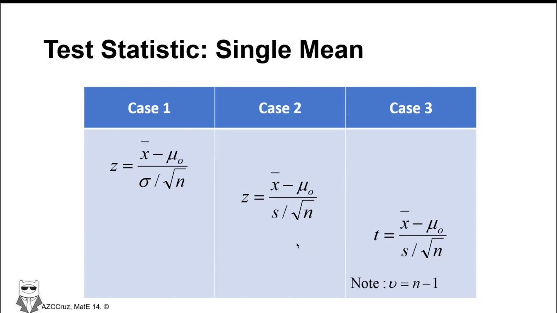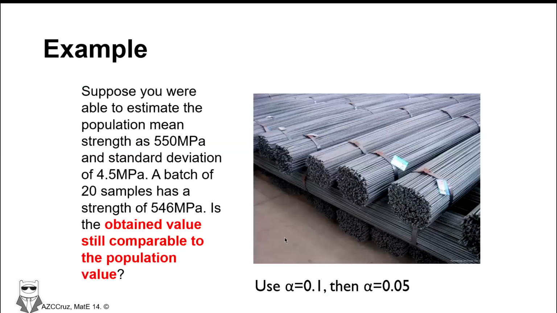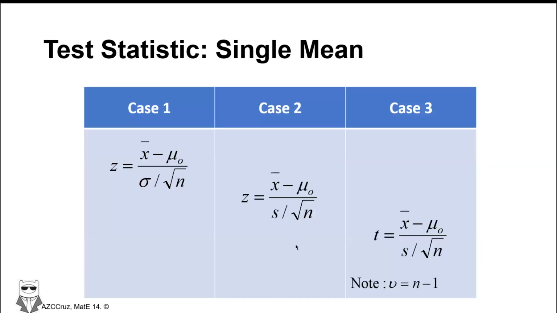And ito, if you remember, case 1 is when your population standard deviation is known, no?